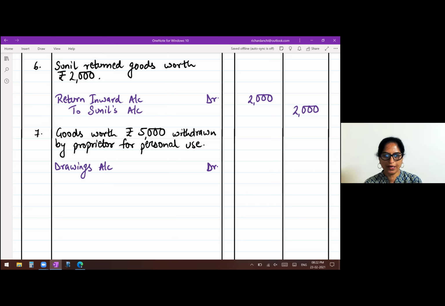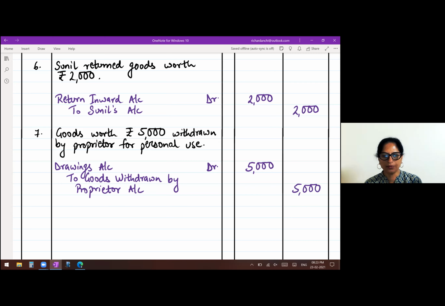Drawings account debit 5,000. Now when you are writing the credit part, you have to write all these words. So write to goods withdrawn, use 2 lines if required, withdrawn by proprietor account. To goods withdrawn by proprietor account in the credit column 5,000.